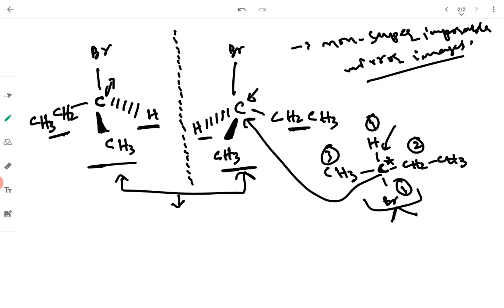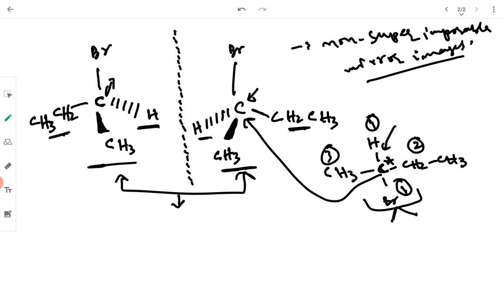So this is a general example of stereoisomerism, but we call them configurational isomers here. In order to convert one isomer into another, we have to break these bonds.